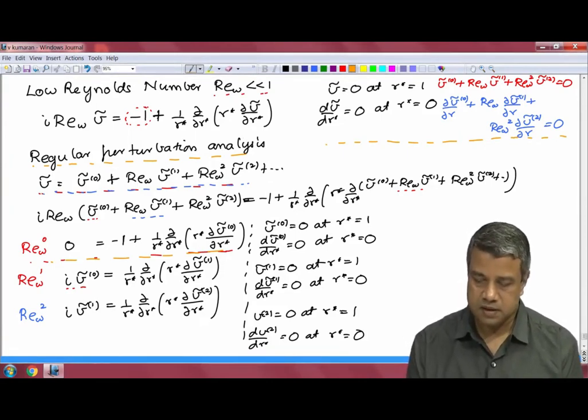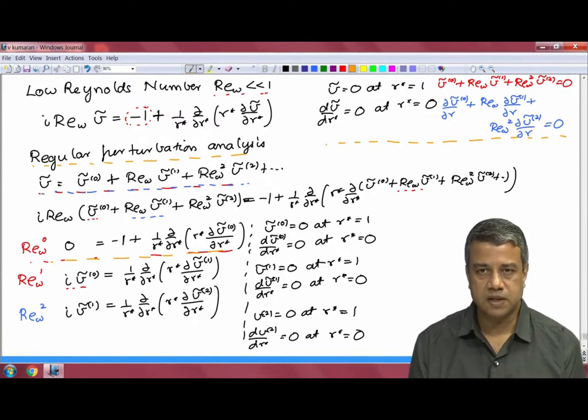Then you can solve it sequentially for Re omega power 0, Re omega power 1, Re omega power 2, and so on. The equation for Re omega power n contains as an inhomogeneous term the solution for Re omega power n minus 1. Therefore, you can solve each one explicitly.